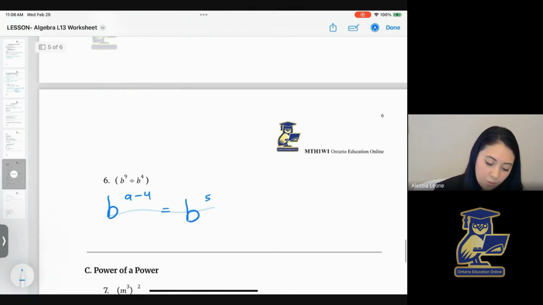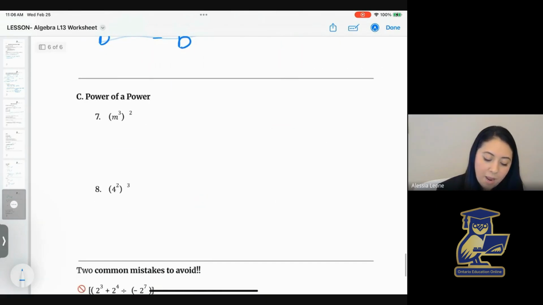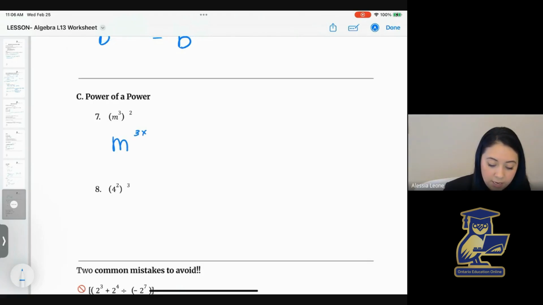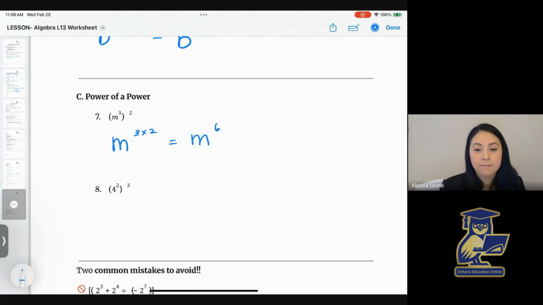Let's go down to our questions then. Power of a power, we think multiplying the exponents. Okay, let's do that. m, and then we have 3 times 2. 3 times 2 is 6. m to the power of 6. Done. Easy. That's our answer.